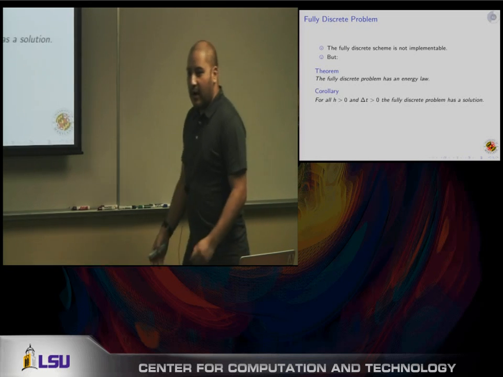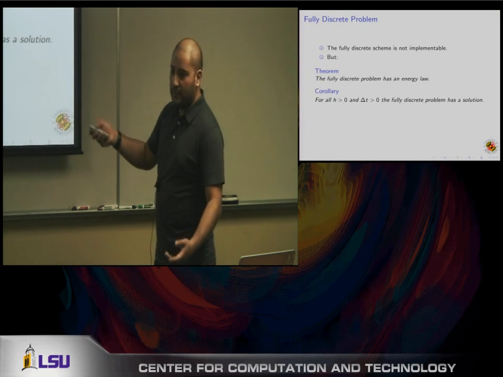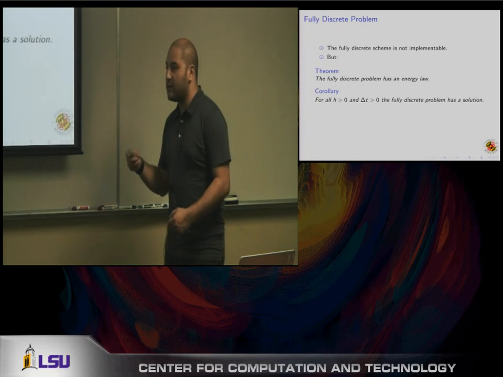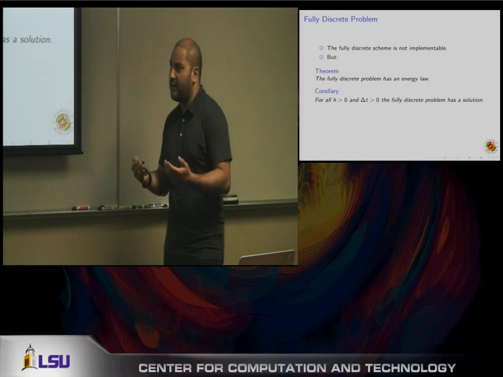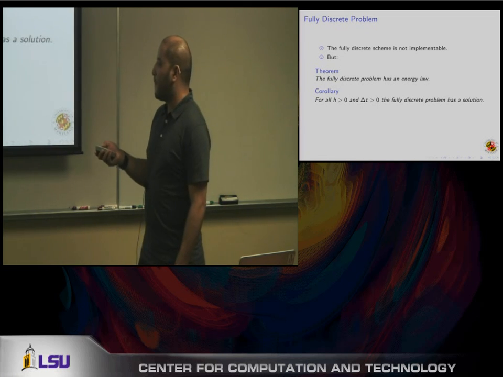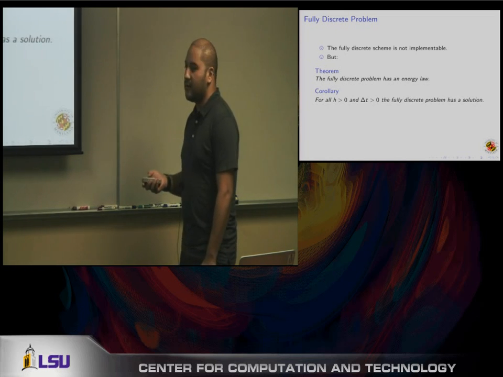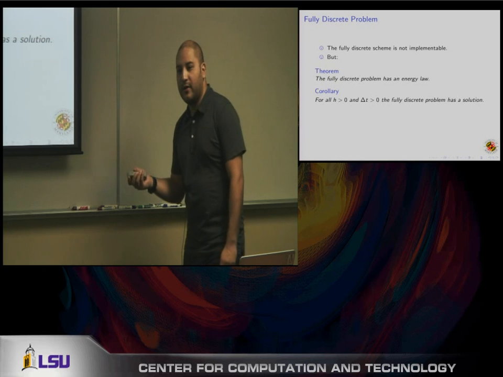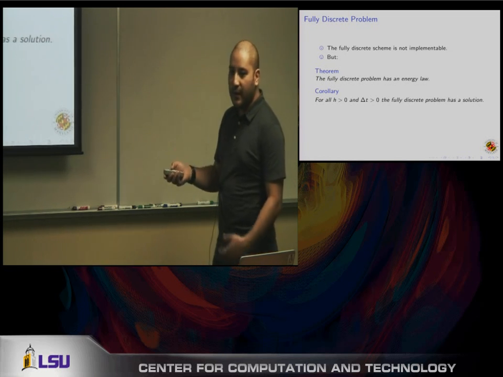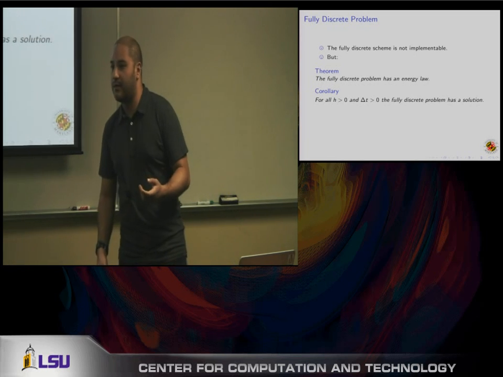So now that we know that if there is a solution, it has nice bounds, we can apply, after a lot of calculations, the Leray-Schauder or Schaefer's theorem, as I also heard that it's called, and conclude that for all values of the discretization parameters, this fully discrete problem is going to have a solution, and the solution is going to satisfy the same energy law. So we have existence for this fully discrete problem.